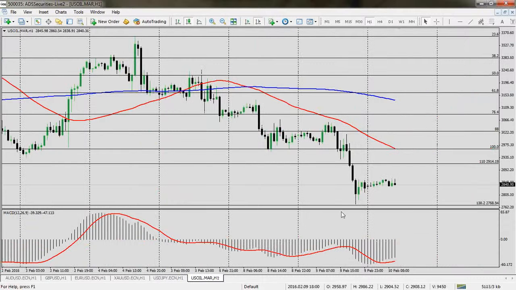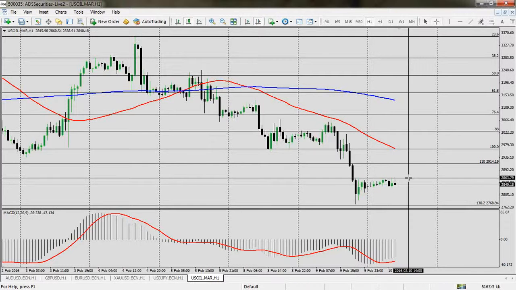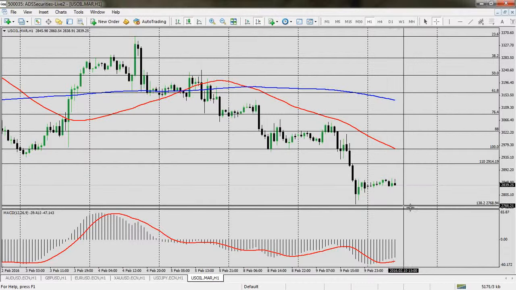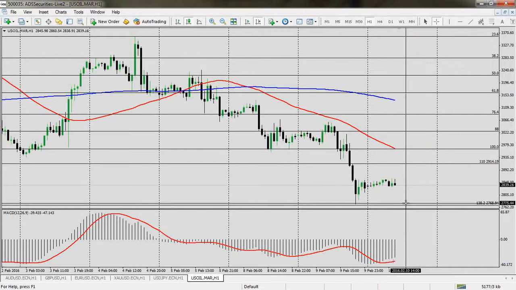We can see that it has been tested at 138.2%, which is at $27.68, and at the moment it is moving sideways. Generally, whenever this happens, 138.2 level being unleashed, the next target becomes immediately 88%. So this level, and I'm looking at the $30 level once again.